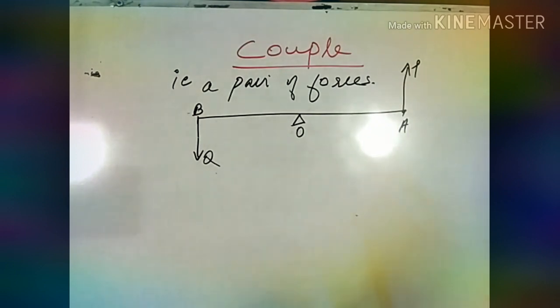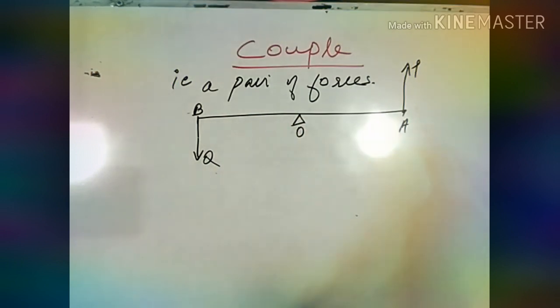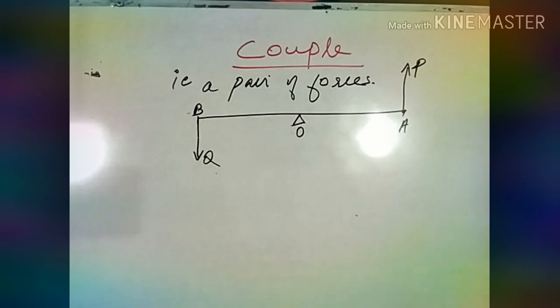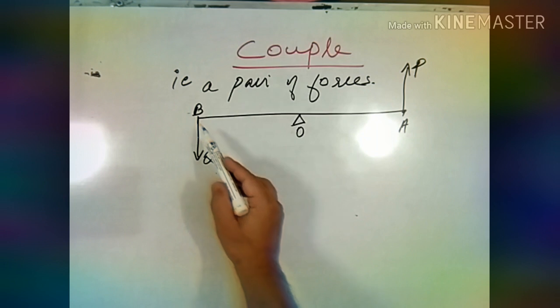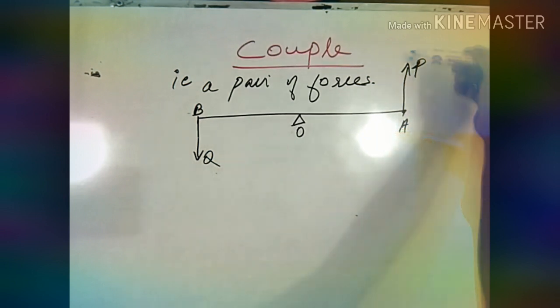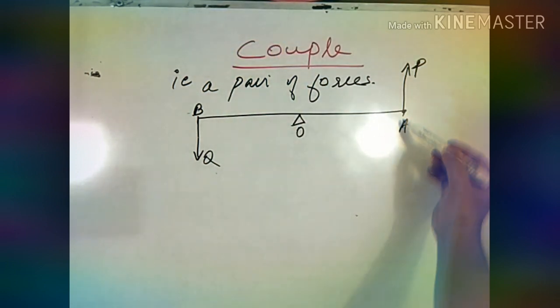Let's try to understand what a couple is in physics. For that, we will consider a meter rule AB pivoted at the point O. You can see in the diagram two equal forces P and Q act on the meter rule at the points A and B, so that these forces are parallel but oppositely directed.